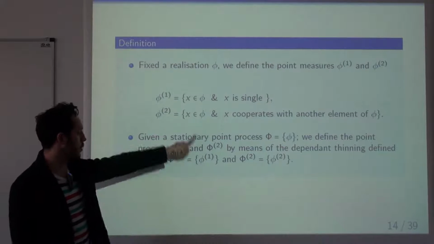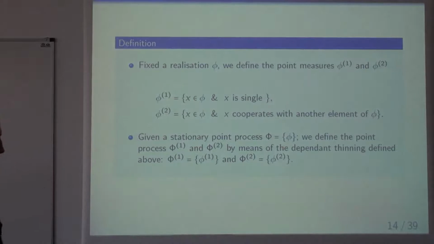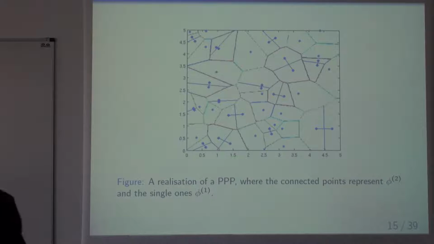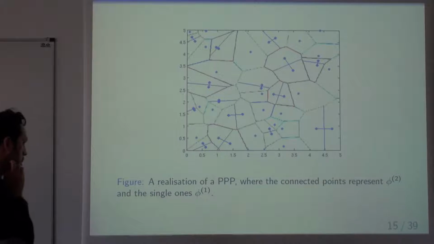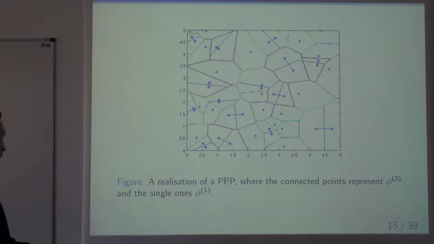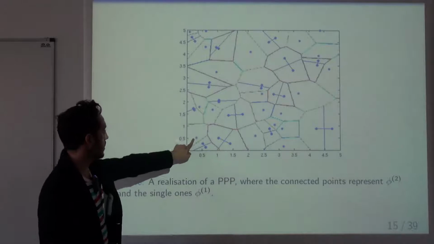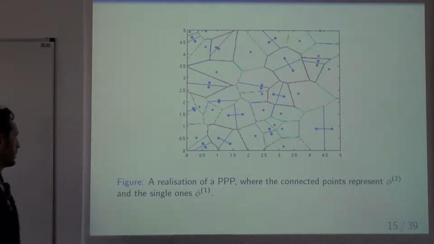This is in the Poisson case. We have this realization where the connected points represent the pairs, and the single points are all the single base stations. So this is just an image.